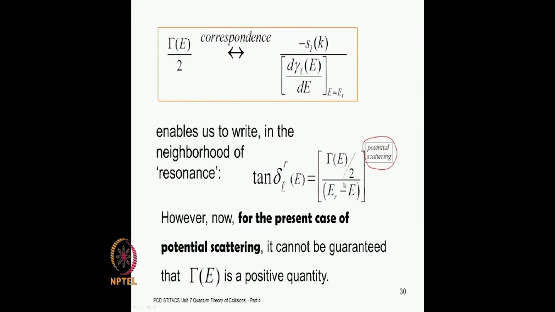And now, because gamma has been interpreted in this particular form, we cannot presume any longer that this gamma will always be a positive quantity, because the dynamics is governed by all these cotangent curves, and they can take all kinds of values. So, you cannot guarantee that gamma is a positive quantity. It does not have to be positive.